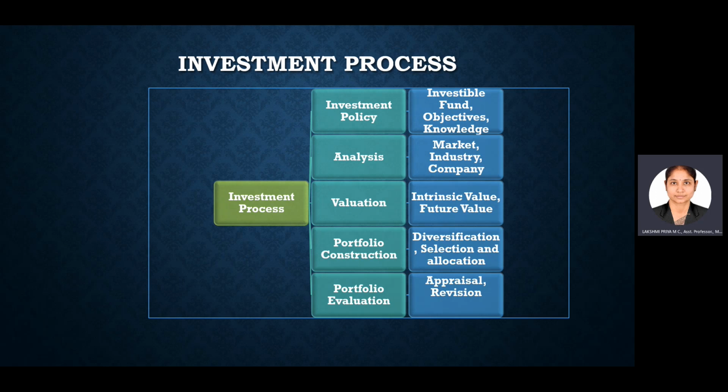Towards the end of the construction of the portfolio, he will diversify his portfolio and allocate funds among the securities. It is not that he has to just construct a single portfolio and keep quiet. He also has to look into the performance of the portfolio, and he has to revise it by diversifying his portfolio.